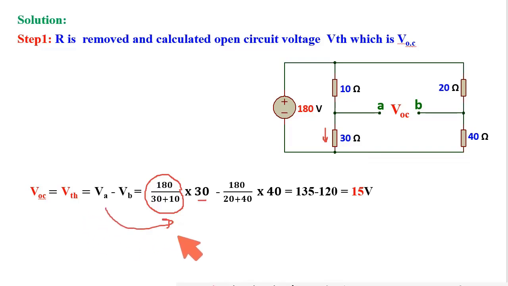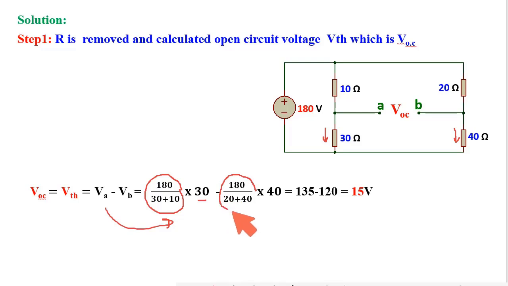So this is VA. Now what is VB? Similarly, VB is the potential across this 40 ohm resistance, that will be the multiplication of 40 with the current flowing through the 40 ohm resistance. So again from this loop, what is the current? The current is, because of this 180 volt, 180 divided by the full path resistance, that is 20 plus 40.